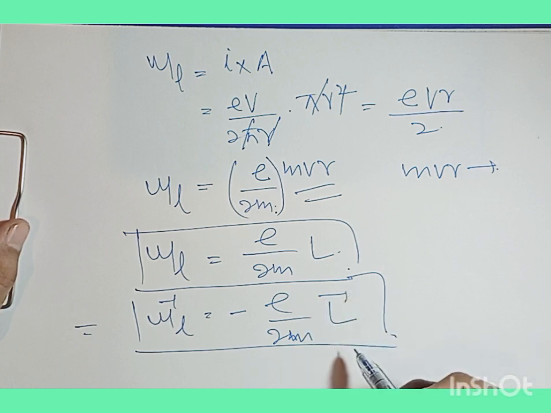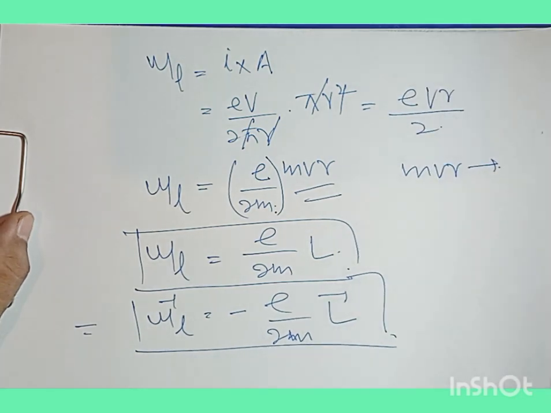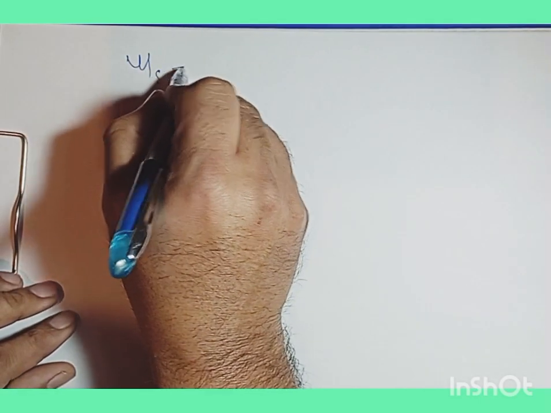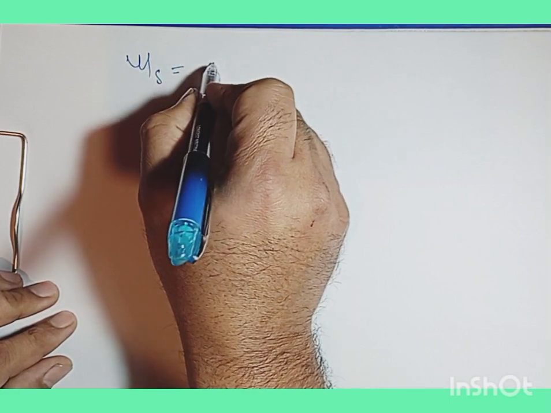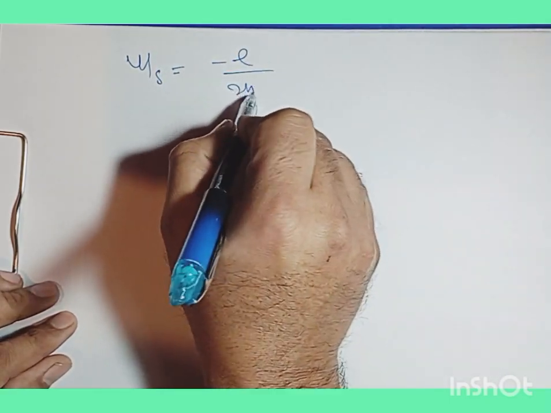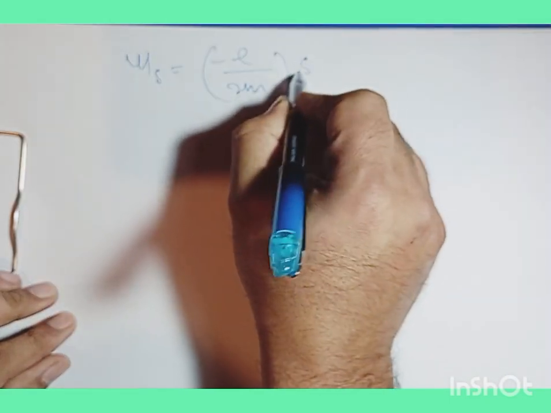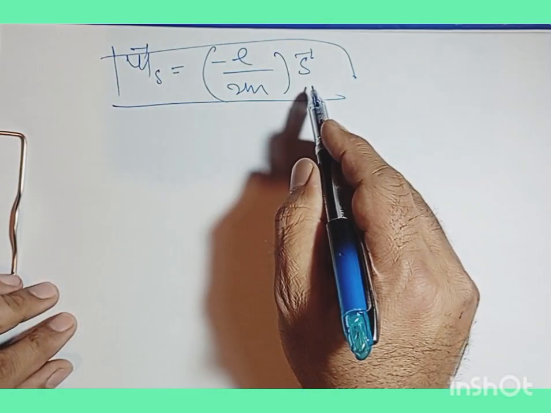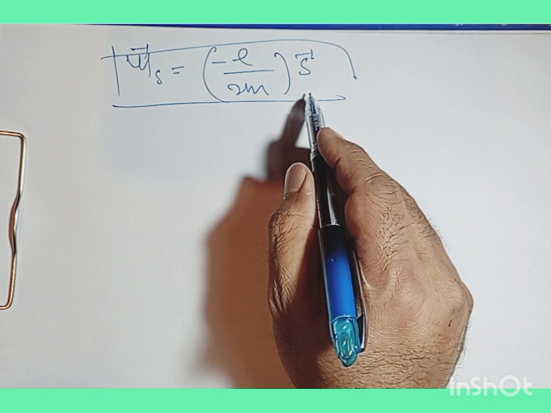At the same time, we can similarly write down the magnetic moment for the spin using the same analysis. That will be mu s is minus e by 2m S, and this S refers to the spin angular momentum of the electron.